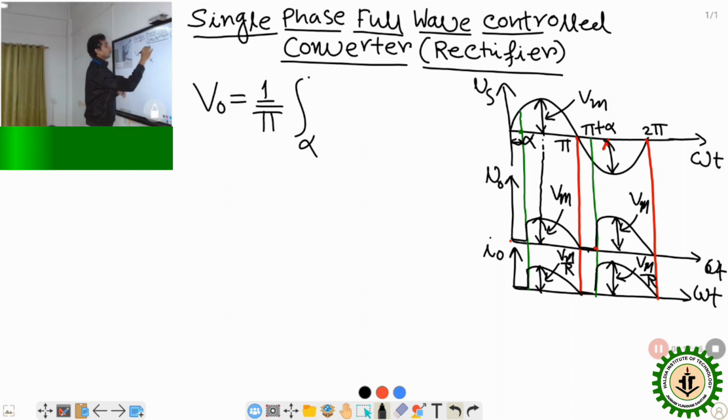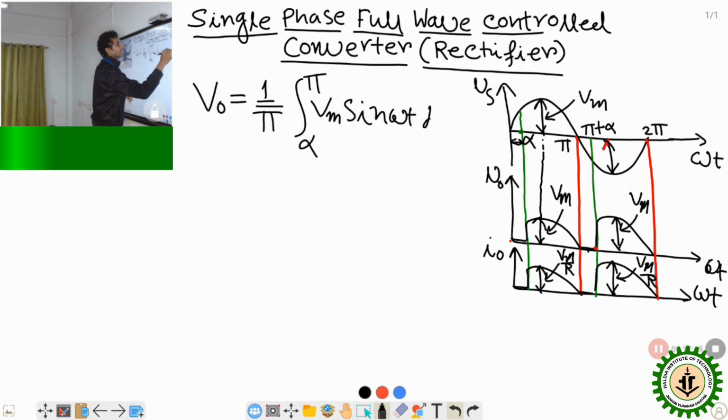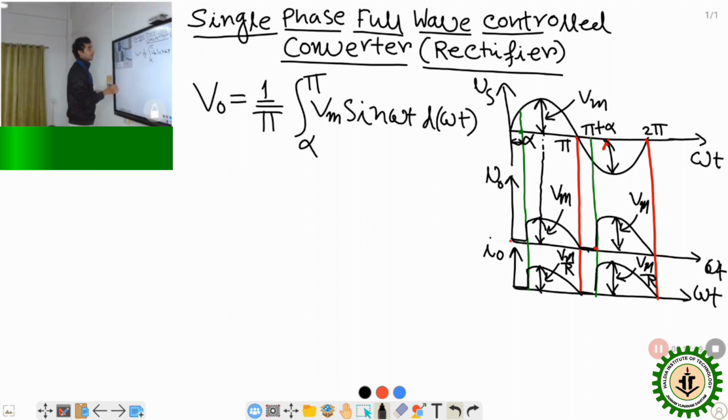From alpha to pi, the output voltage is the same as the supply voltage. So the integral of Vm sin omega t d omega t will be the average value of the output voltage. Why have I not considered 0 to alpha? Because there the output voltage is 0.